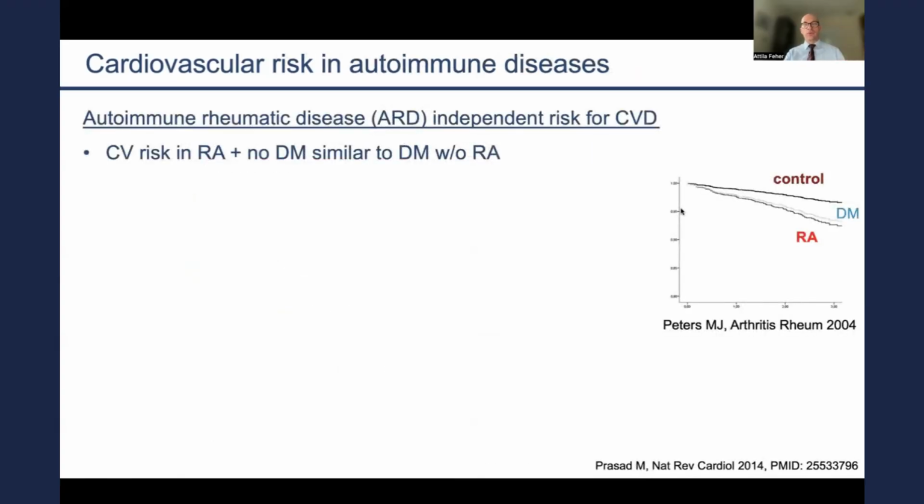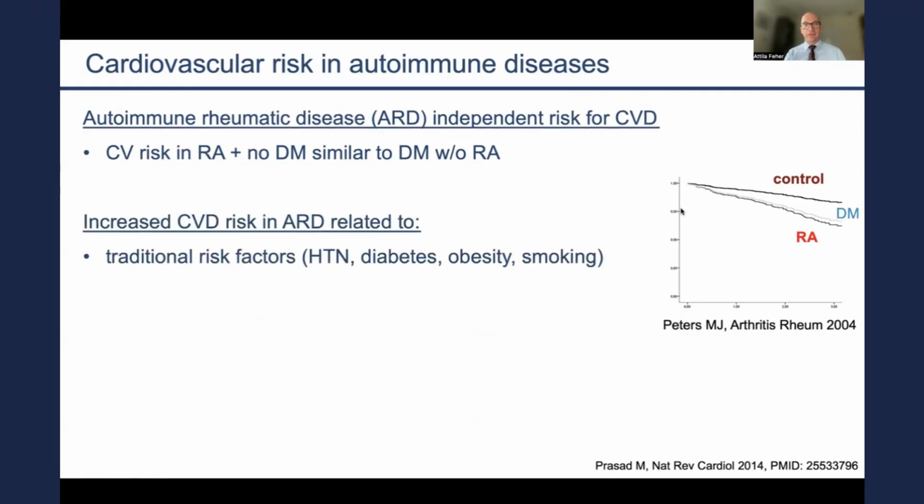It has been known for a long time that rheumatoid arthritis has a very similar cardiovascular disease risk, which is comparable to diabetes without rheumatoid arthritis. And when we talk about why these autoimmune diseases have increased cardiovascular risk, it can be due to the presence of traditional risk factors such as hypertension, diabetes, obesity, or smoking.